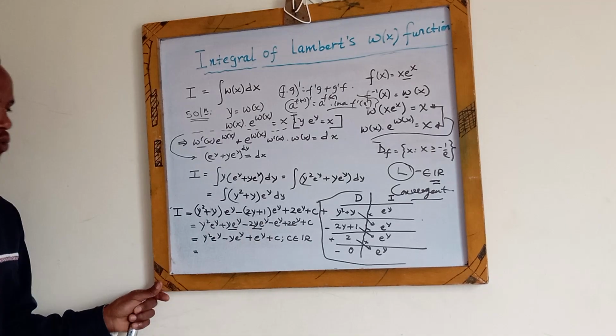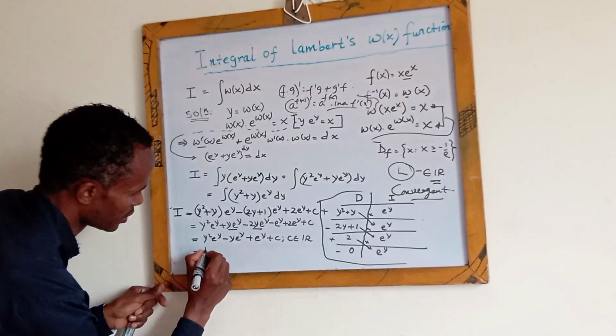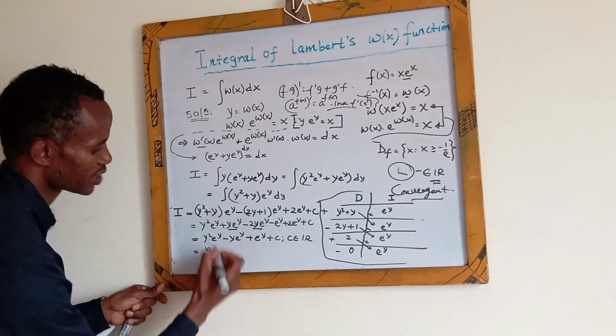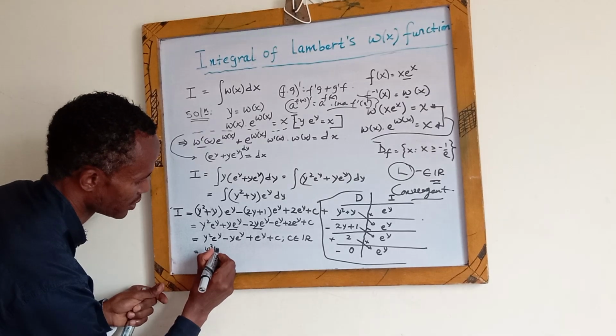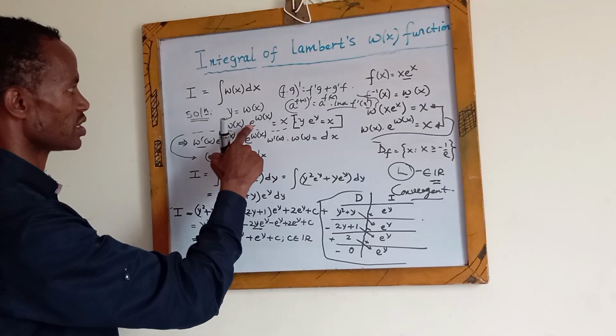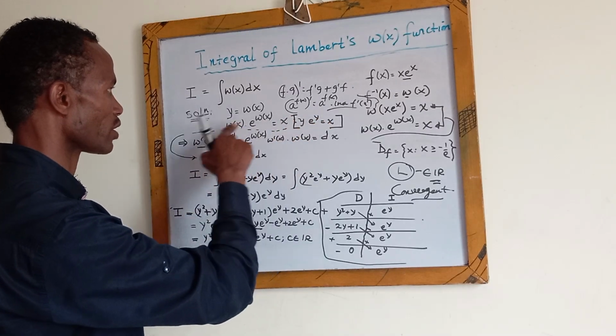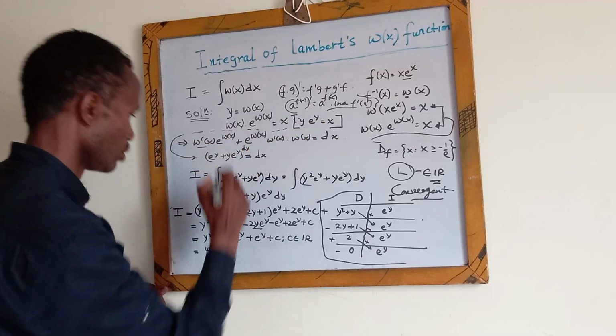So what does y mean? y means W of x. W of x squared means W squared of x. e^y means x over y, which is x over W of x.